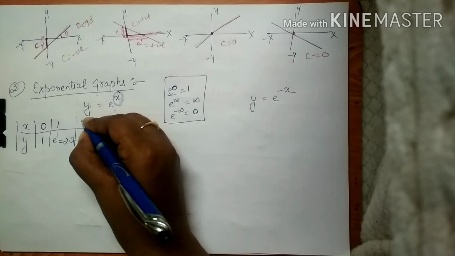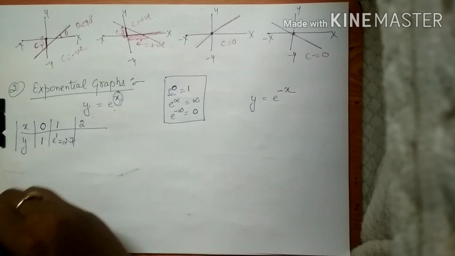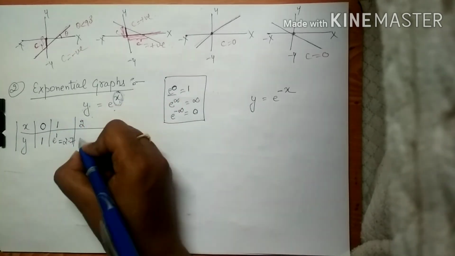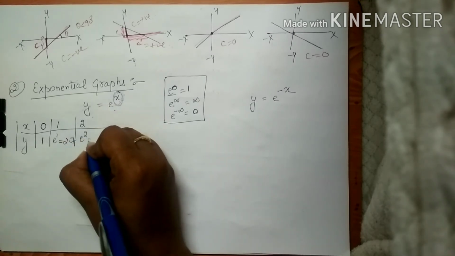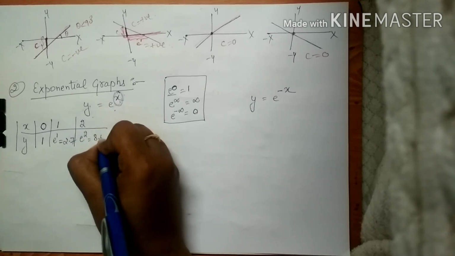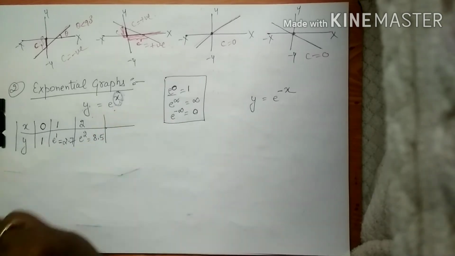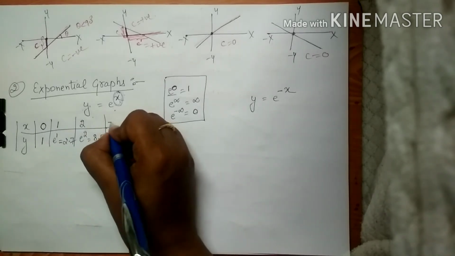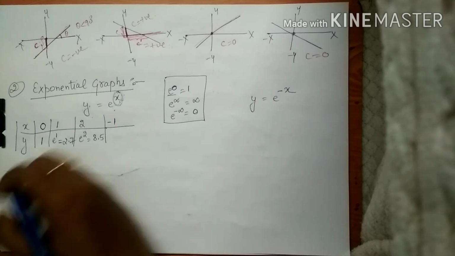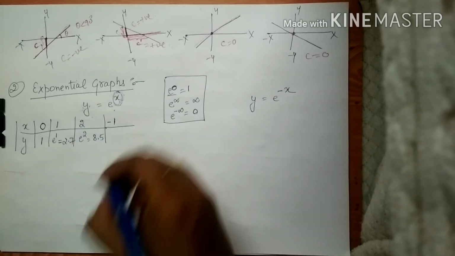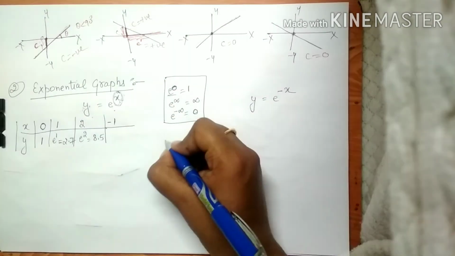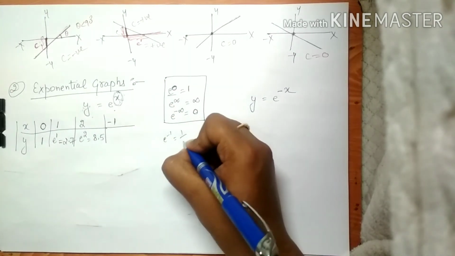If you put x equals 2, you will get y equals e to the power 2, and for e to the power 2 you will get the value 8.5. If you put x equals minus 1, then you will get y equals e to the power minus 1. So e to the power minus 1, you can write as 1 upon e.